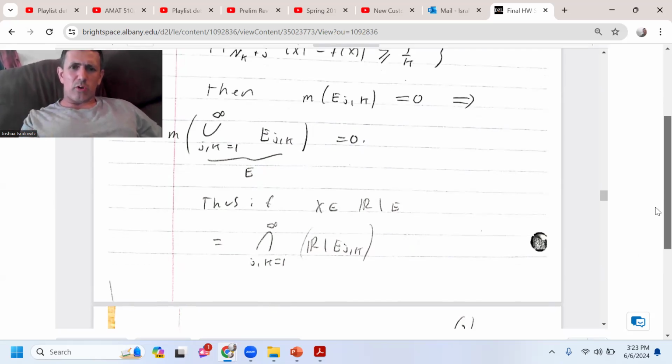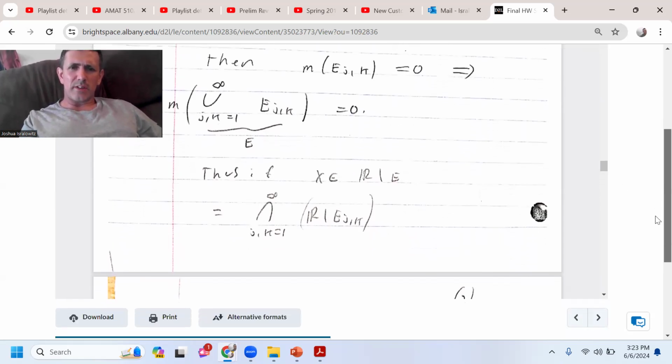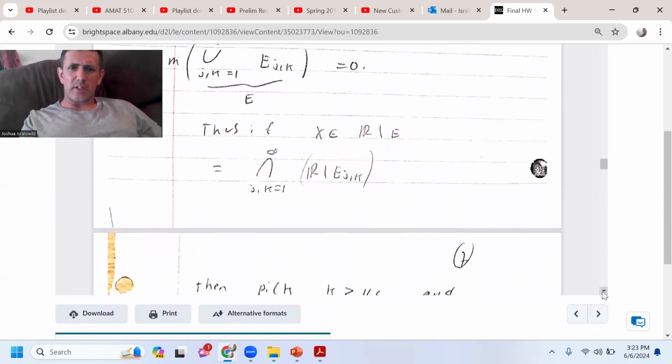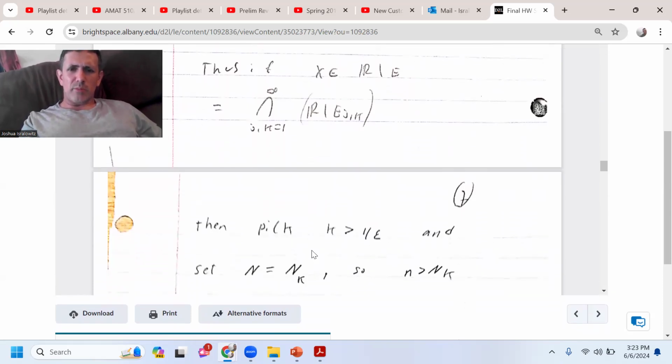And it does work. In particular, if X is in R take away E, then we're away from all of these, and that's pretty strong. So we do a similar thing. Hope it works. Does.